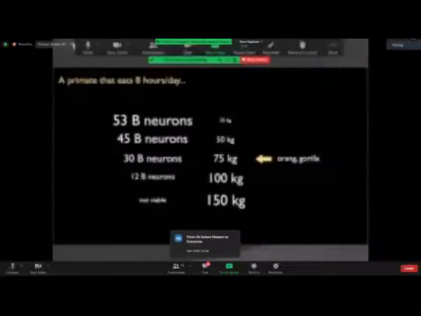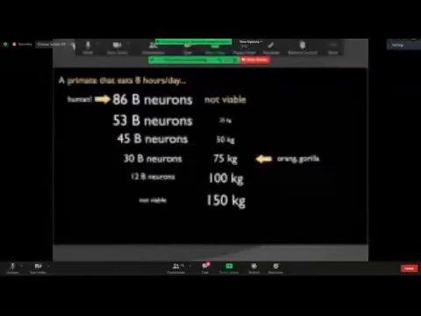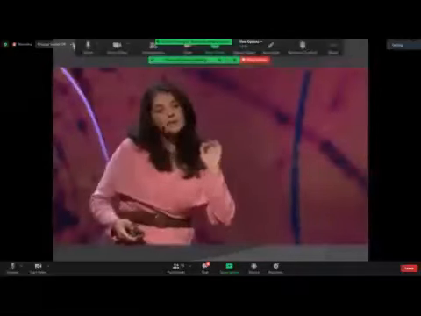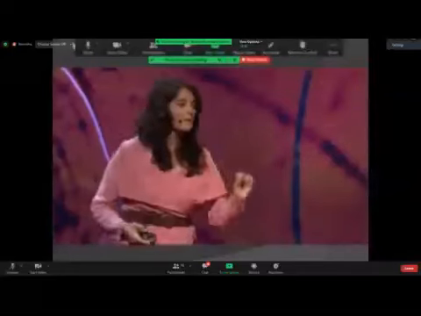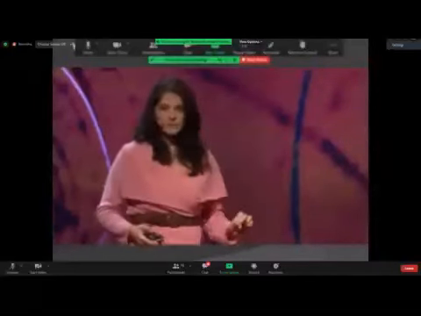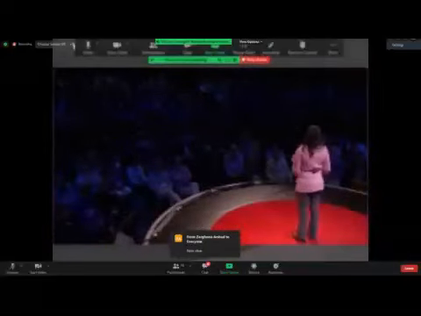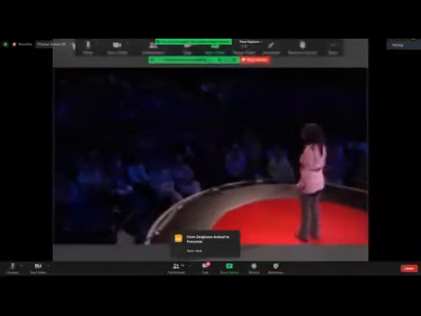What about us? With our 86 billion neurons and 60 to 70 kilos of body mass, we should have to spend over 9 hours per day, every single day, feeding, which is just not feasible. If we ate like a primate, we should not be here. How did we get here then?